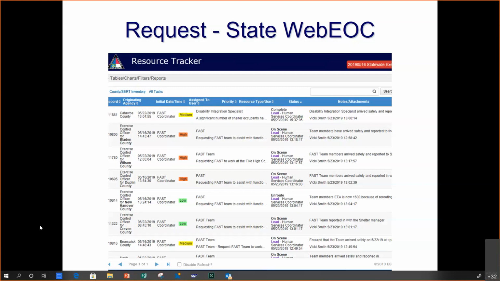So this whole page on the WebEOC is something the coordinators will monitor and use to track and maintain situational awareness with what's going on with these resource requests during the events and the shelters they're going to.